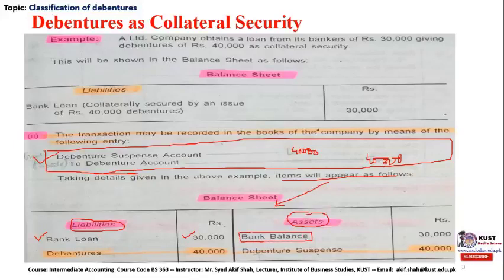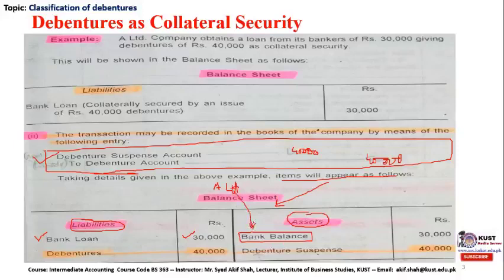So this bank account was actually credited by the bank, but this balance sheet belongs to A Limited company, and according to the rule, the A Limited company's cash has been increased because it has taken a 30,000 loan. So the increase in cash was actually deposited into the bank account of A Limited company, similarly as we normally have bank accounts.